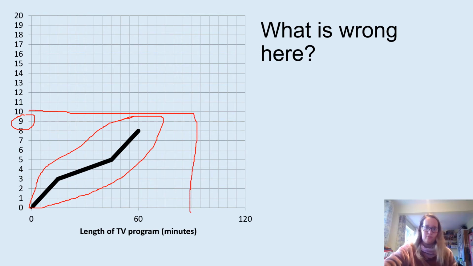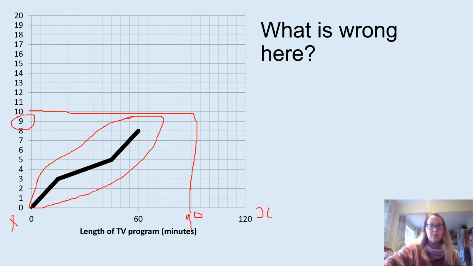So that's between 60 and 120, so maybe about 90-ish. So you'd want to have the scale going from 0 to 90 on the x-axis, and then 0 to 10 on the y-axis, because that will show the data more clearly and you can analyse it more easily.